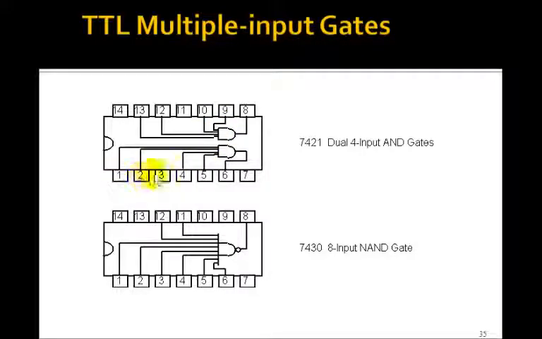You'd come in pins 1, 2, 4, and 5 and come out 6, for example, in that one. And the 7430 is actually an 8-input NAND gate. Well, there are lots and lots of different 7400 chips that you can choose from. As I say, they're becoming obsolete, and as we move to programmable logic devices, which we'll talk about in the next lesson.